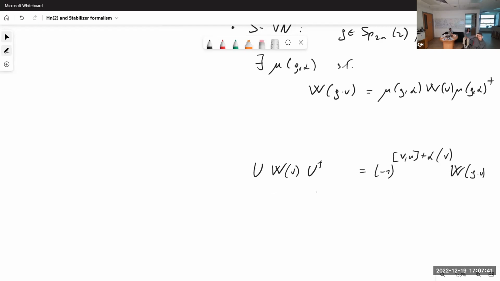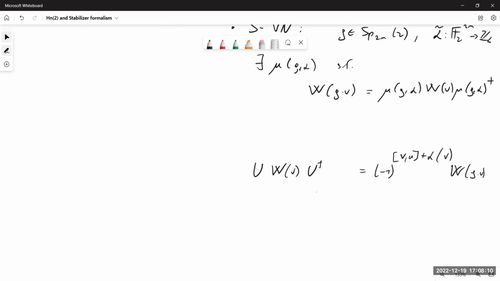Basically for any Clifford, we get very many possible actions, or so I'm wondering because you said that alpha is just a function from the base field, from the phase space, right? So can I just choose it to be 0, and then I have already a construction? You cannot always. The problem is that you cannot always choose alpha to be 0.